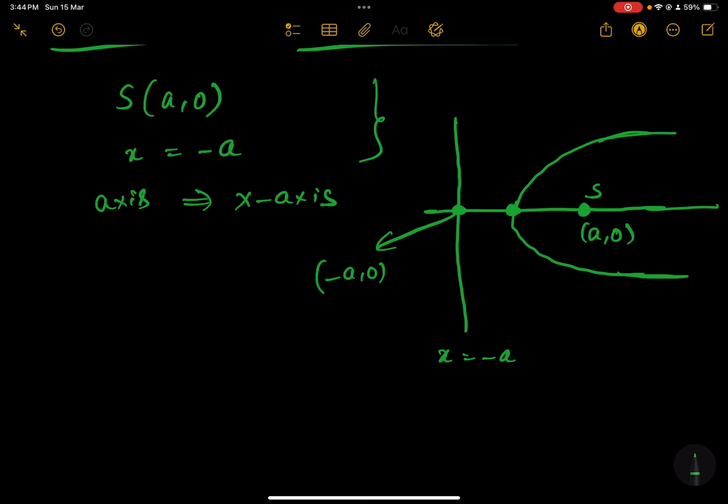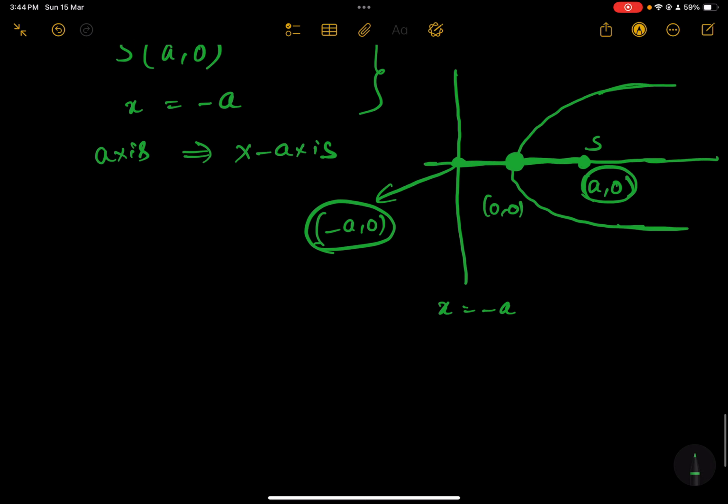So this is S. Since for any point on the parabola this particular distance and this particular distance are the same, this will be the vertex of the parabola and the coordinates of the vertex will be 0 comma 0. It will simply be the midpoint of these 2 points. So we found out the vertex as well.